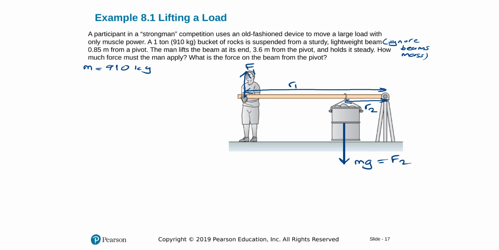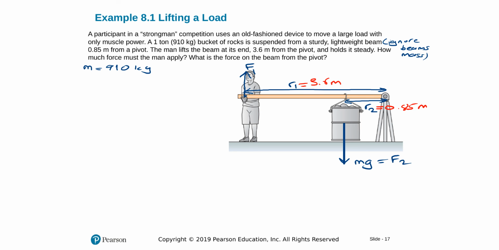Let me write its value just beside it. R2 is 0.85 meters. The man lifts the beam at its end 3.6 meters from the pivot, so I read from here that R1 is 3.6 meters. So he applies his force 3.6 meters away.